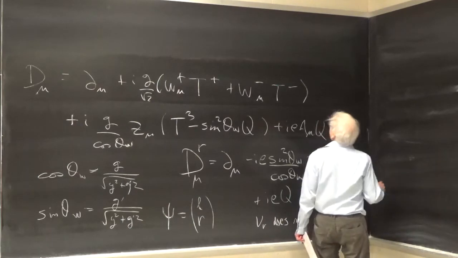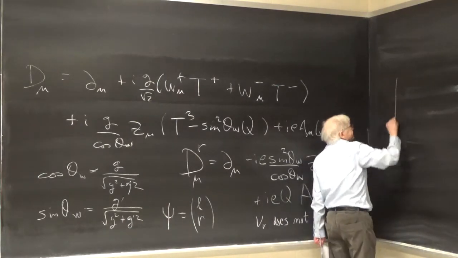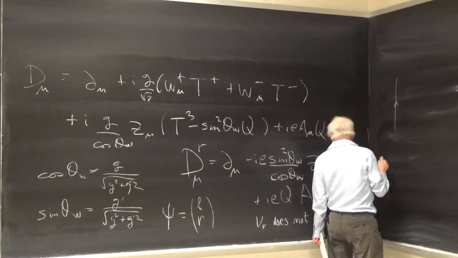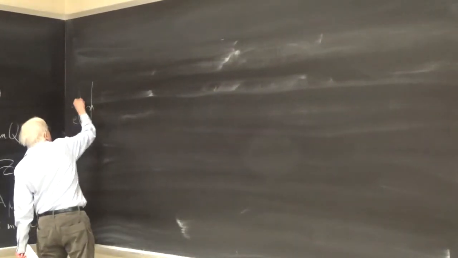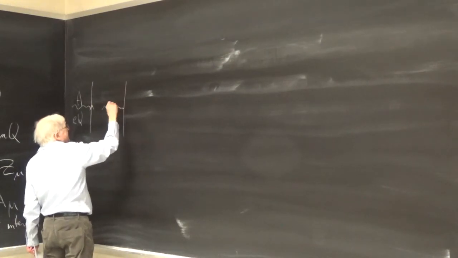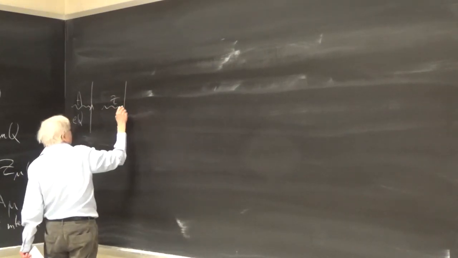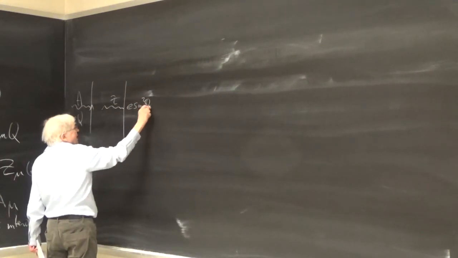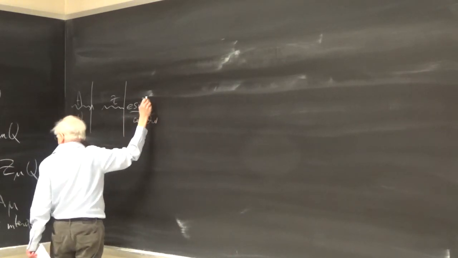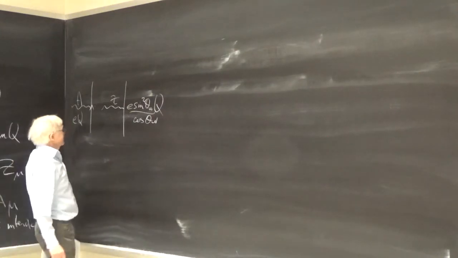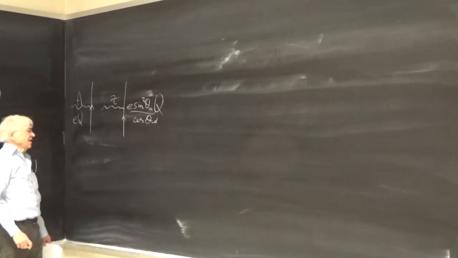So say you have a charged particle going along, and a photon coming along, and the coupling is e Q, but you can also have a Z coming along, and the coupling there is e sine squared theta W over cosine theta W times Q. Now, of course, you might say, well, gee, these couplings aren't that different.